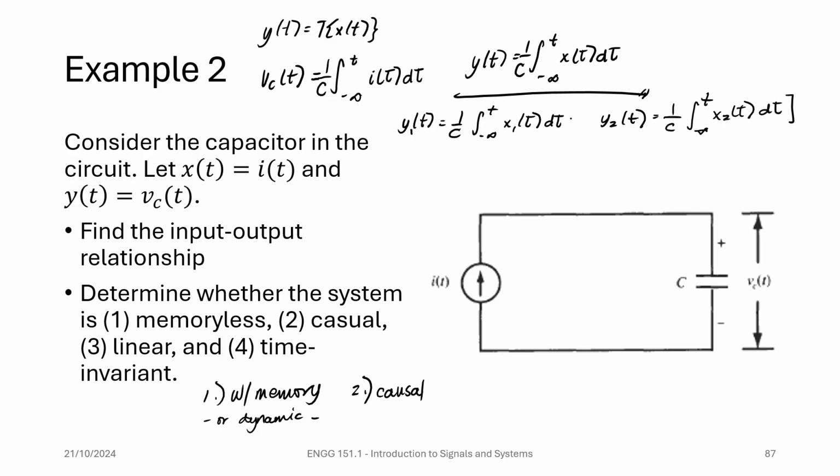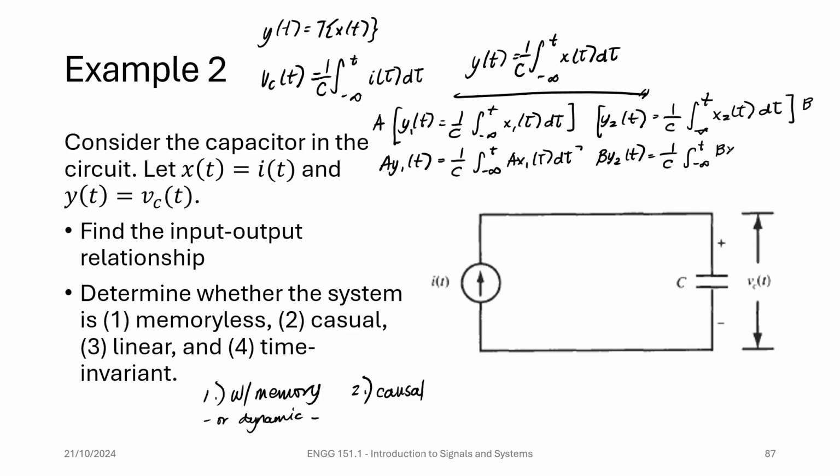Then let's multiply. The first one say with a, para hindi na nakakalito, then this one with b. So we have ay1 of t is equal to 1 over c multiplied to the integral. Since constant naman yung a, pwede natin ipasok yan dito kasama ni x1 of tau d tau. Ayan. Then we have here b y2 of t. So ganun din, papasok din natin siya sa loob nung integral. So we have bx2 of tau d tau.